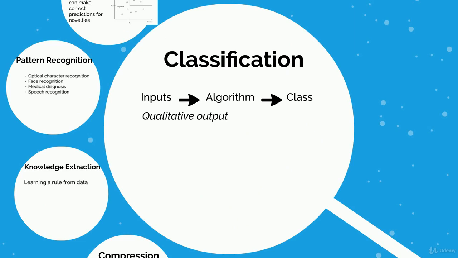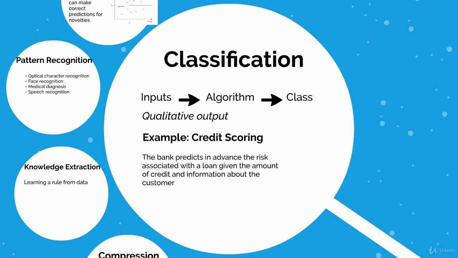So in classification, you have a qualitative output, and this is the defining feature of a classification algorithm. So let's look at an example, credit scoring. Not necessarily generating a credit score, but using that credit score to predict in advance whether a customer is going to be a high risk or low risk loaner. So the bank wants to use this to determine how good of a loan they can give you.